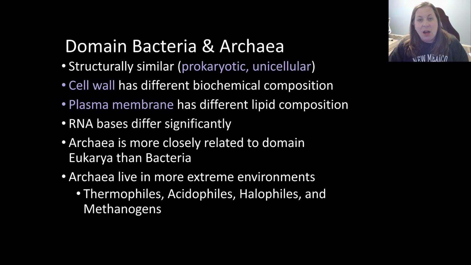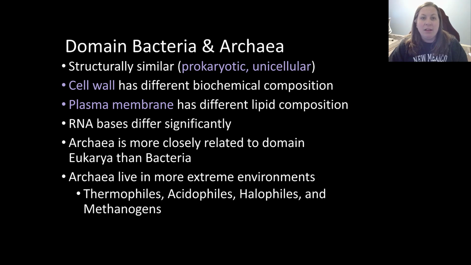The other group, when we talk about this, is the domain bacteria. They are also going to have a prokaryotic structure, and they are unicellular, but their cell wall is different biochemically than Archaea. Their cell wall is going to be made out of something called peptidoglycan. Okay, it's a kind of sugar protein mixture.